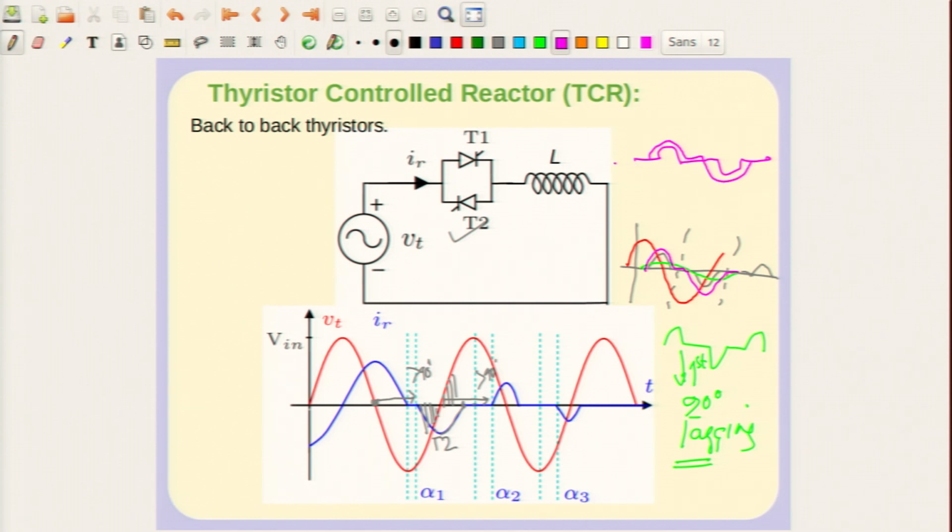When you do the Fourier series expansion of this wave and of this wave, you will find that the fundamental component of this waveform here, the top one, which I can mark in some other color perhaps, will be larger. So, depending on the firing angle, you can change the nature of the waveform. Well, the nature of the waveform change is practically the same, it is a kind of half bumps, but the fundamental component of that waveform can be changed.